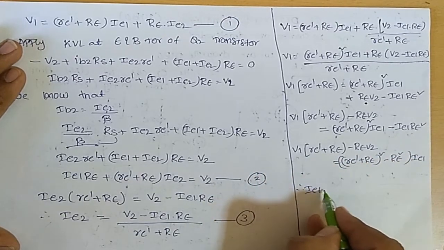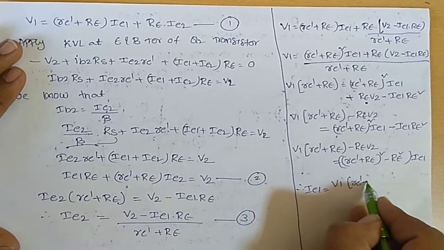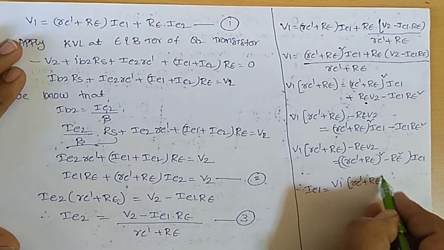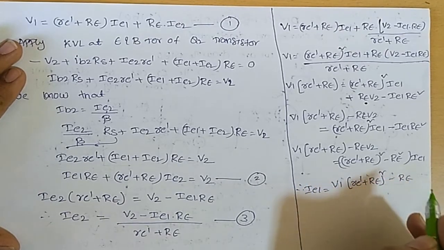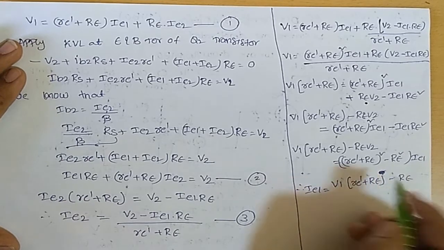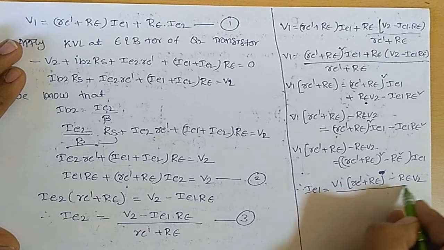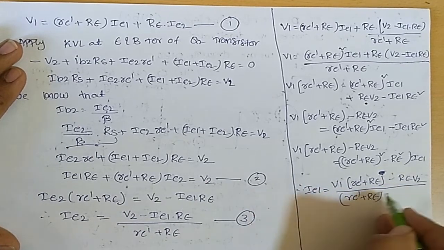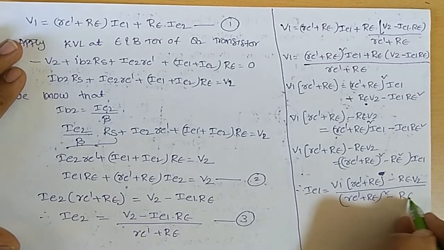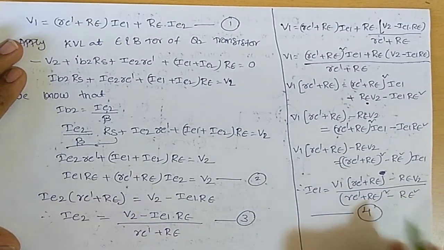Therefore, IE1 equals V1 of RE dash plus RE minus RE V2, whole by RE dash plus RE whole square minus RE square. This is equation number 4.